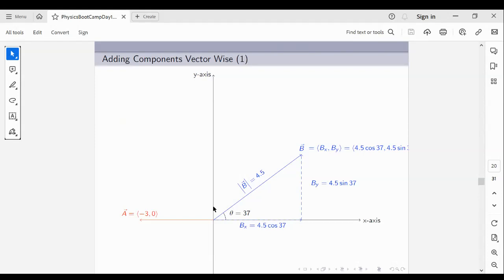As you can see, A is given to us as -3, 0, because its X component is 3 in the negative X direction, and it has no upward component. And when you add them component-wise, you'll add -3 plus 4.5 cosine 37 and 0 plus 4.5 sine 37.